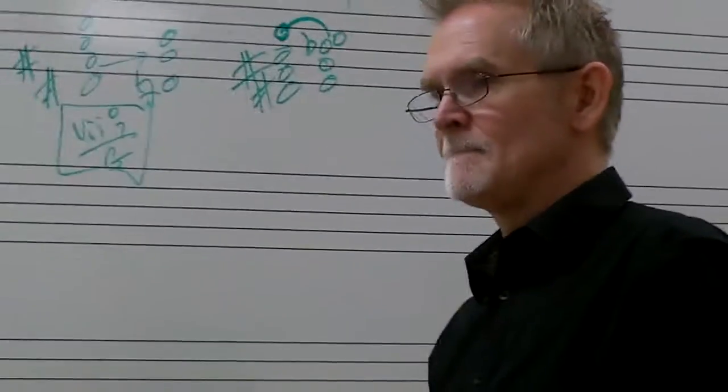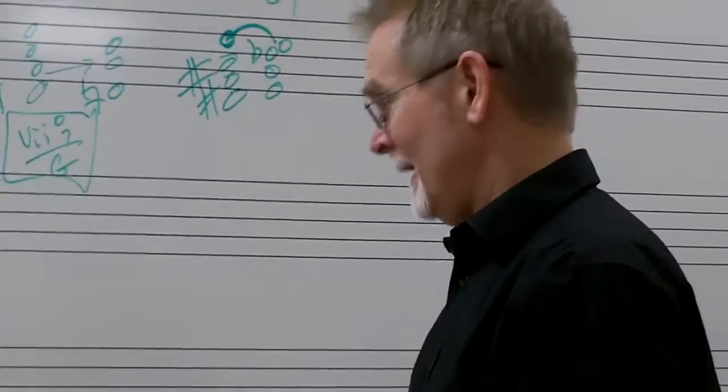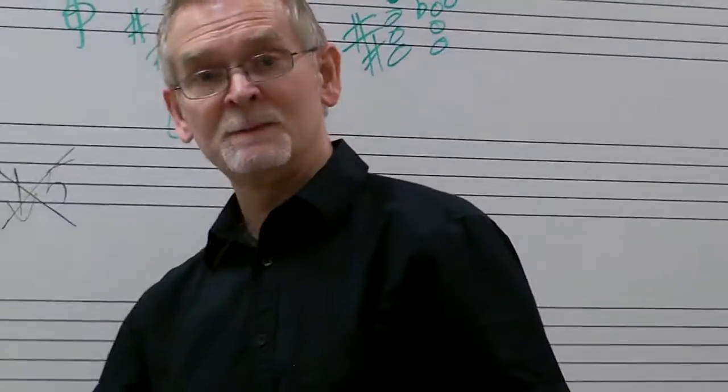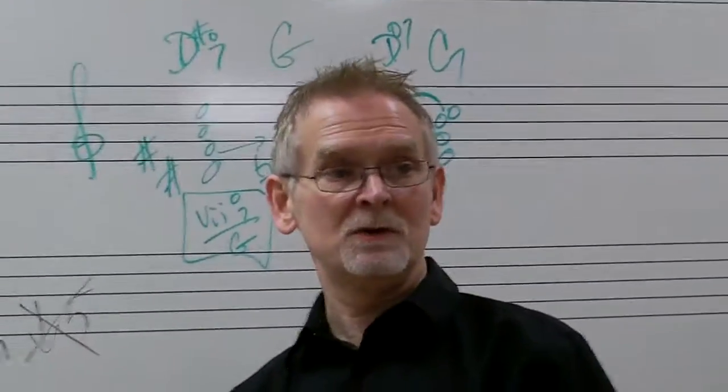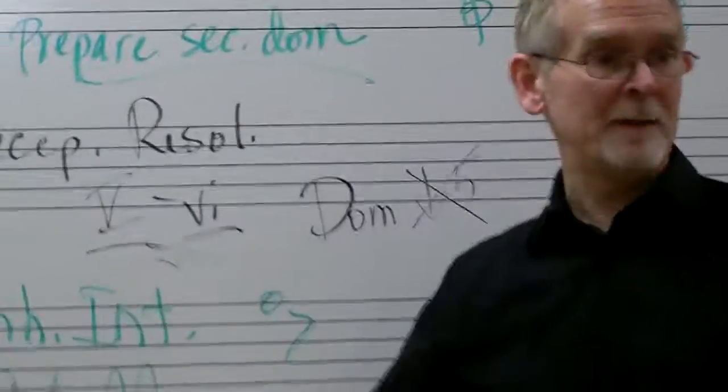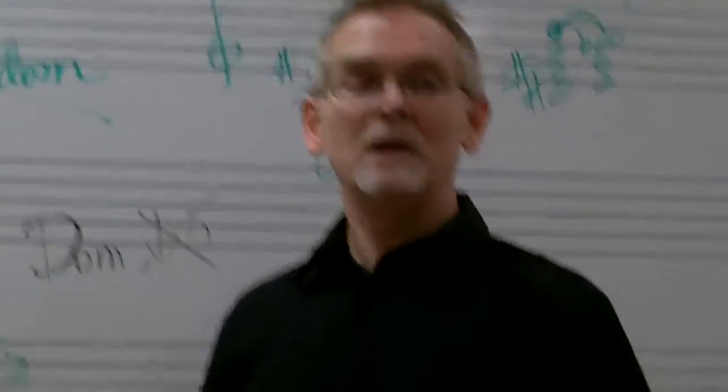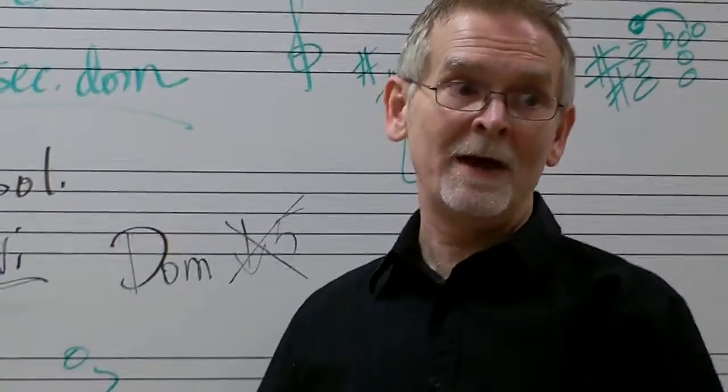Okay, everybody got that? So, again, it can be explained away as non-chord tones, because it's a subset of chromatic linear movement. Not all chromatic linear movement are appoggiatura chords, but all appoggiatura chords are chromatic linear movement.